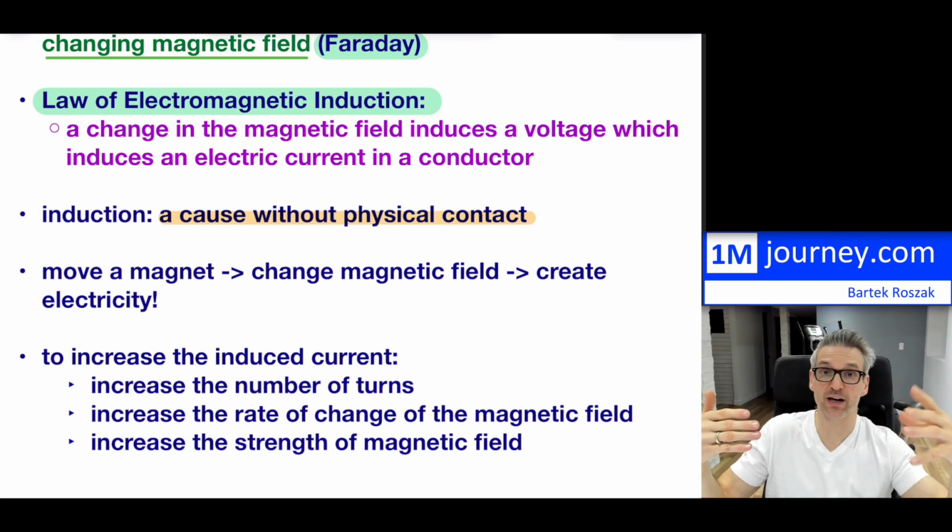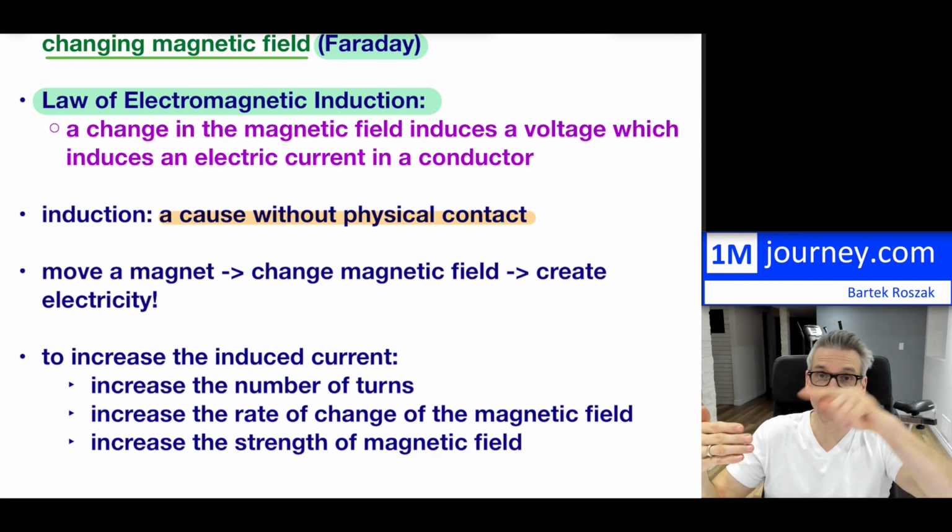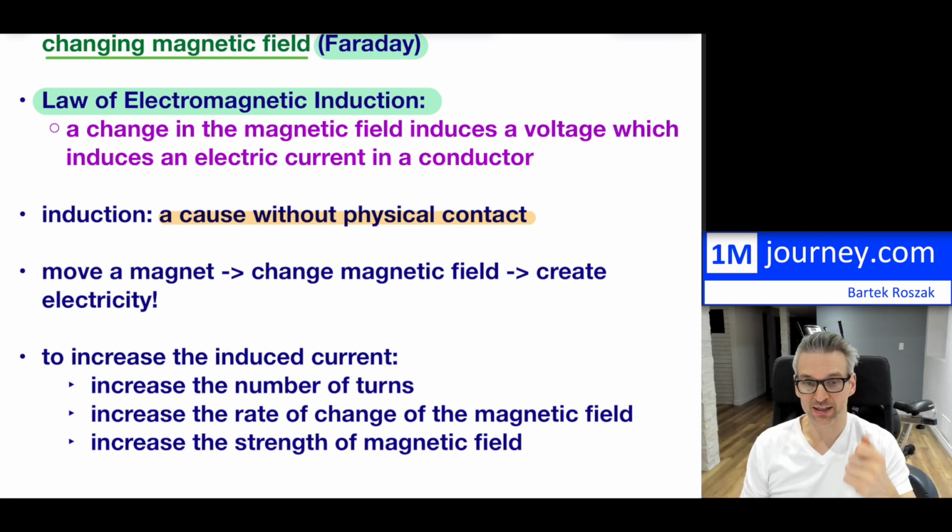There will be some kind of a cause and reaction, where this moving magnet is creating a magnetic field which is now changing, and it is creating an actual current flowing through the conductor. That process is called induction. So now the key item is pretty simple. You move a magnet, right?